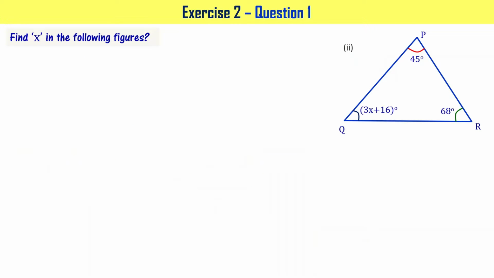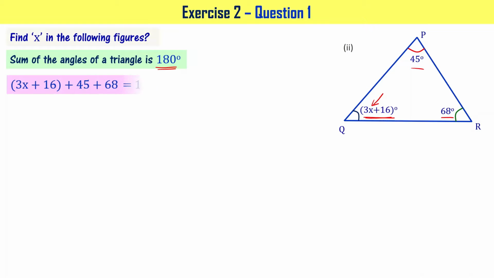Here, two of the angles are known and the third angle is not known because we don't know the value of x, right? We want to find the value of x. For this, we can make use of the statement saying that sum of the angles of a triangle is 180 degrees. It means 3x plus 16, this is one angle, plus 45 degrees plus 68 degrees is equal to 180, right?